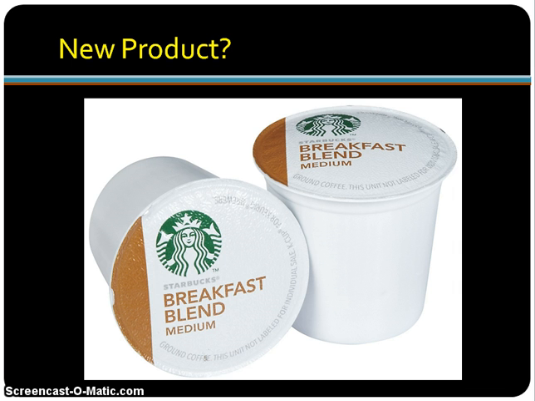New to the world, new to the market, new to the seller, or some combination? So take a moment, think about it. And again, you are right if you answered new to the world. Keurig was a breakthrough innovation, and the K-cups are a complementary product and therefore new to the world.